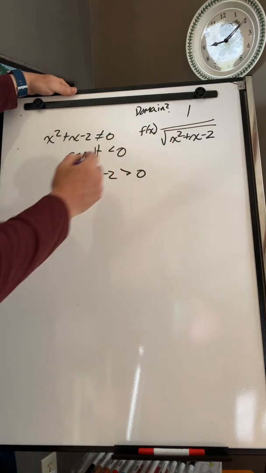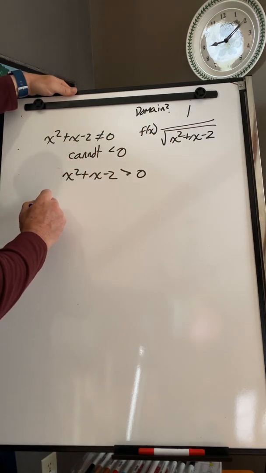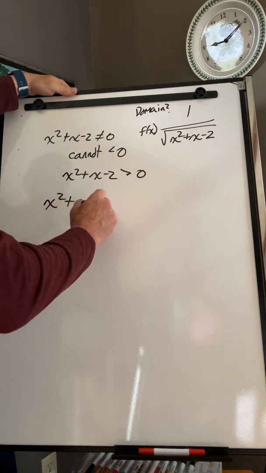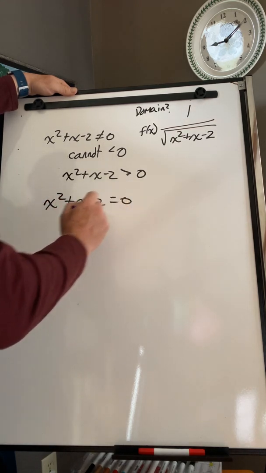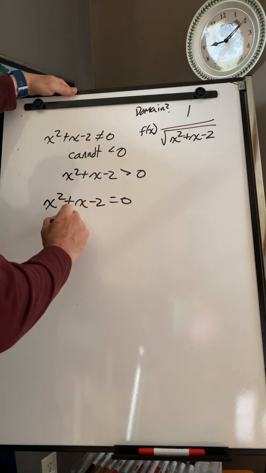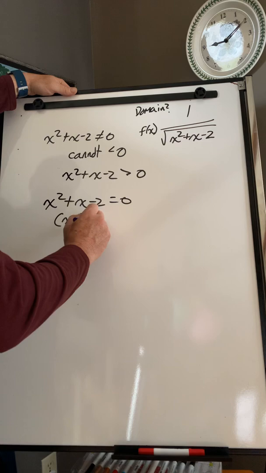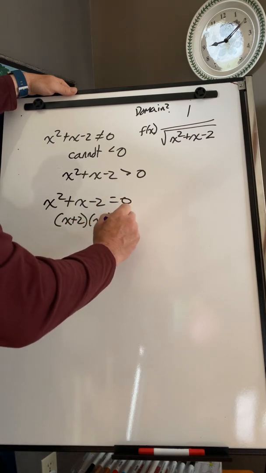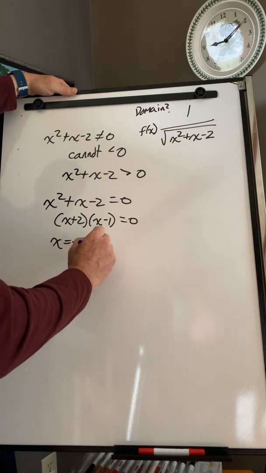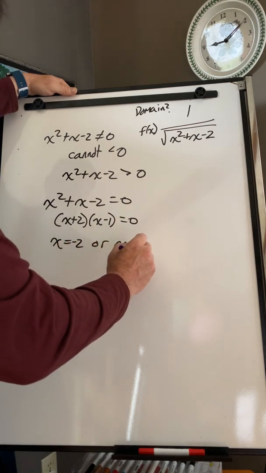So what we've got to do is find our critical values. x² + x - 2 equals 0. Factor: I get (x + 2)(x - 1) equals 0. x equals -2 or x equals 1.